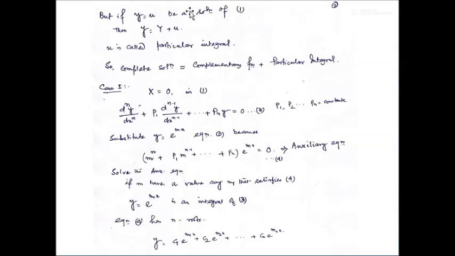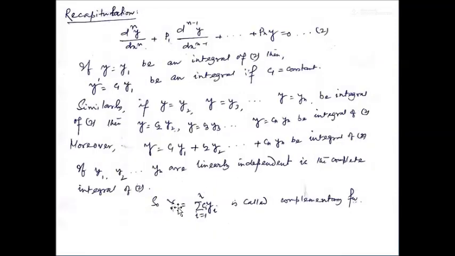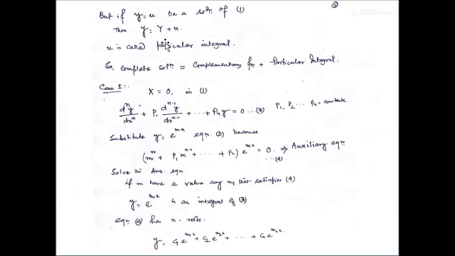But if y equal to u is a solution of 1, then y equal to capital Y plus u is also another solution, and this u is called the particular integral. So the complete solution must be the complementary function plus the particular integral.